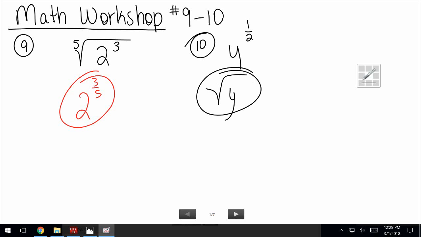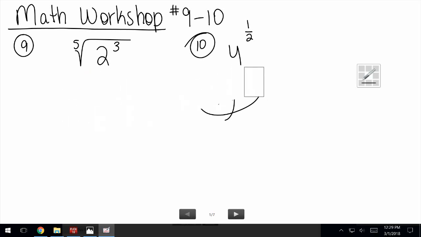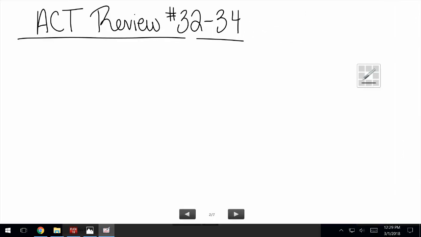Grab your ACT. Let's go over your ACT stuff real quick. What are we on? 32, I think. All right, 32. It said something about give me the y if they give you the x, right? What was the equation that they gave you for 32 with that graph? 0.005x squared minus 2x plus how much? 200.